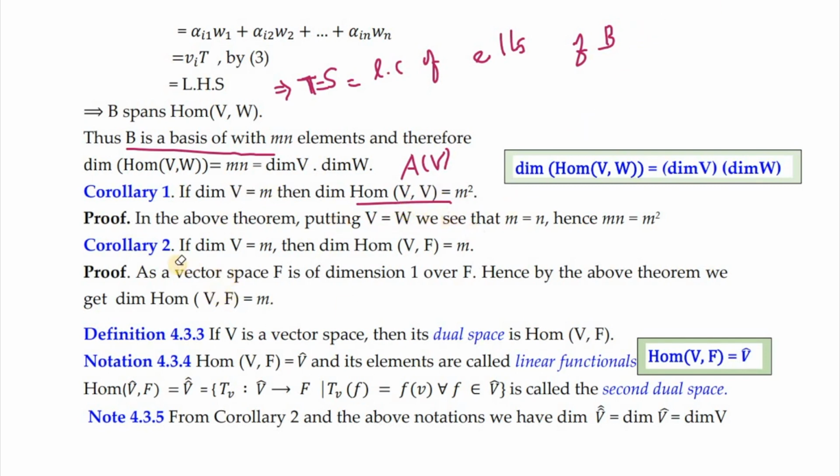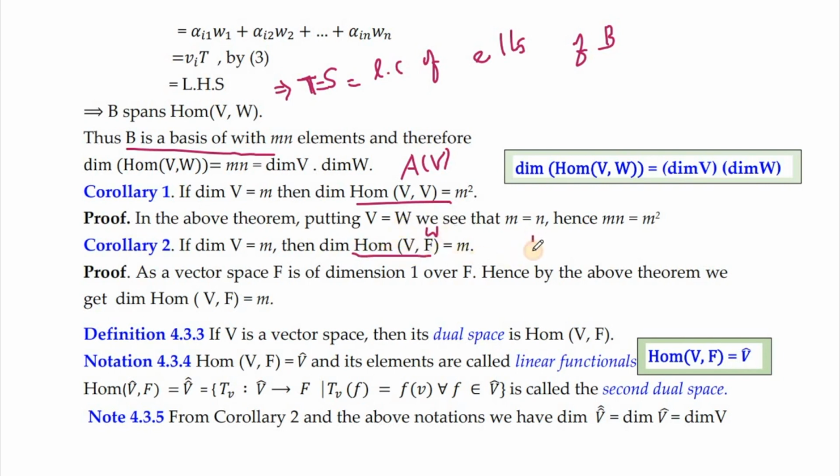Okay, so next we have the second corollary, which states that if the dimension of V is m, then the dimension of Hom(V,F) is m. Now how can we talk about Hom(V,F)? We have studied Hom(V,W), where V is a vector space and W is another vector space, and Hom(V,W) is also a vector space.